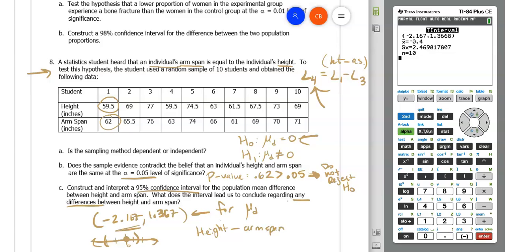And so in the left case where it's negative 2, if that's the mean difference, then what we're saying is that the arm span is greater by 2 inches. But if we take the right bound, that's saying that the height is more by 1.367 inches. And so our interval is saying that the height might be more or it might be less. And that's why we have to conclude that there's not enough evidence to say that the height is different from the arm span. We would conclude that they're probably just the same.